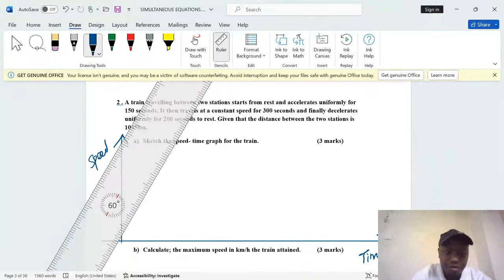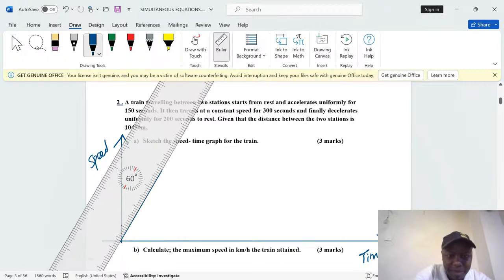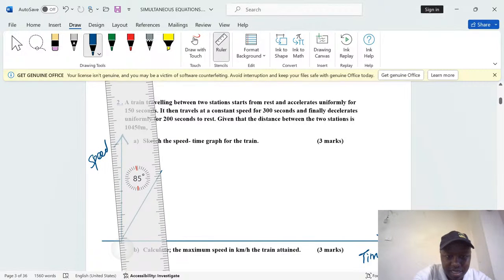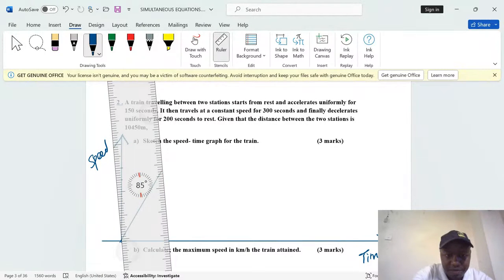So from 0, that's what we call rest. That is an acceleration, but this is happening within the first 150 seconds.